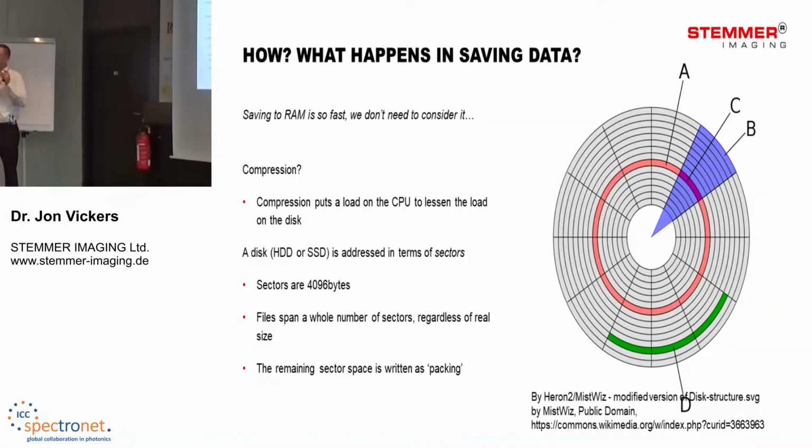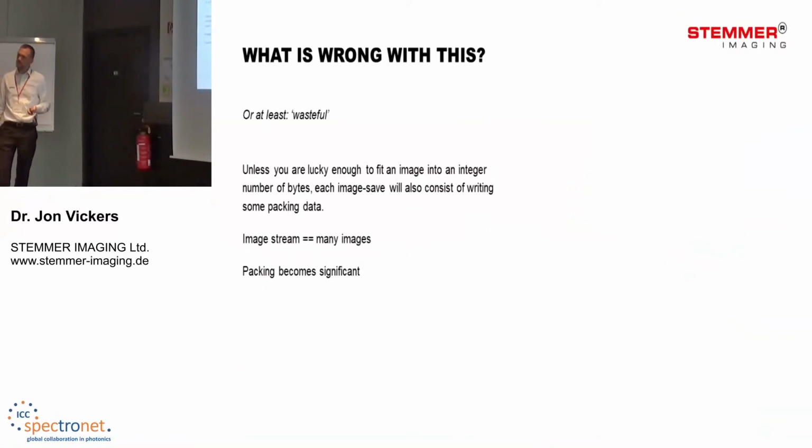As it's the smallest addressable section, if you had a 5,000 byte file, it would cover 2 sectors. And the rest of the sector is written as packing. So you can think of this as writing zeros to fill up the rest of the sector. So we're writing data even when there is no data. This is wasteful.